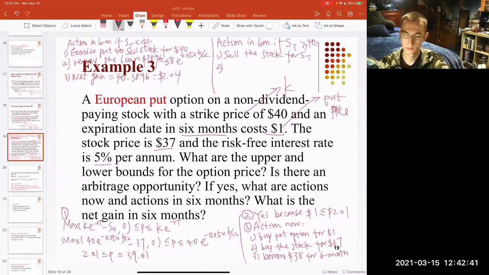I'll give you 2 minutes and I'm gonna ask a student to complete that for me. So you're gonna have action 2, action 3, right? Action 3, which is the net gain.